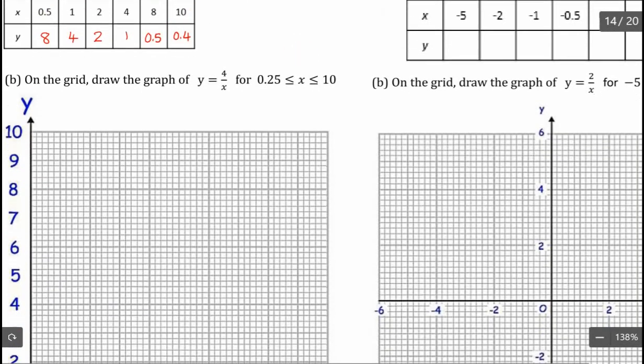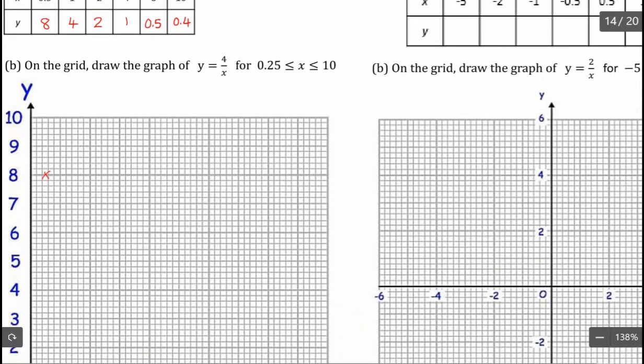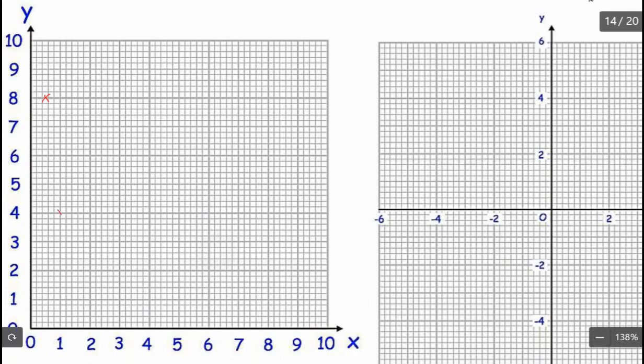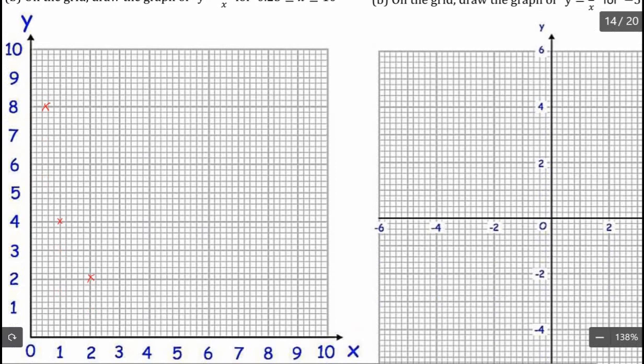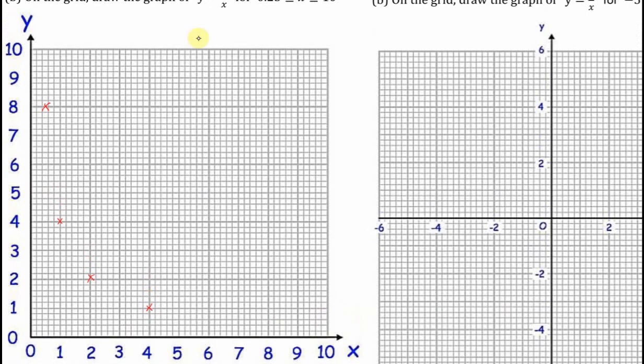Okay, so 0.5 up to 8 would be there. 1, 4, 2, 2, 4, 1, 8, 0.5, and 10 was 0.4.